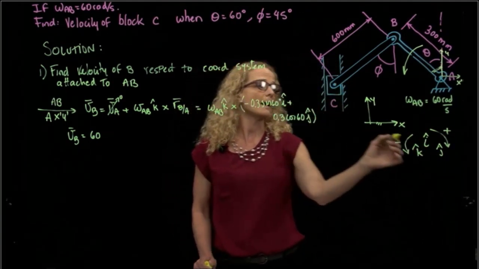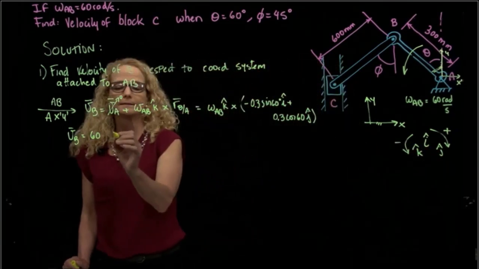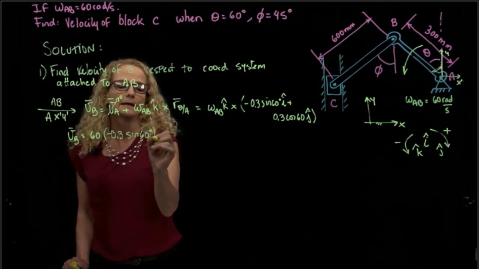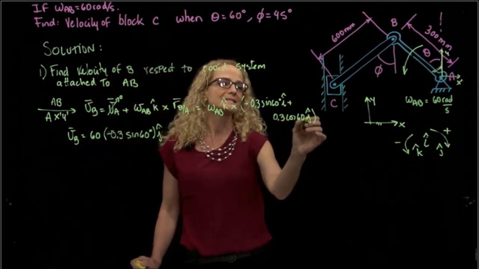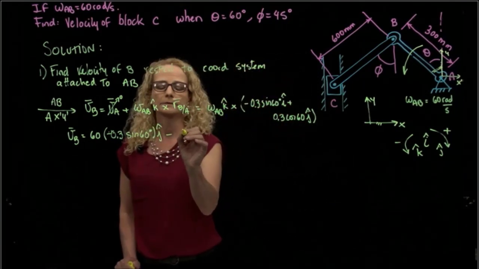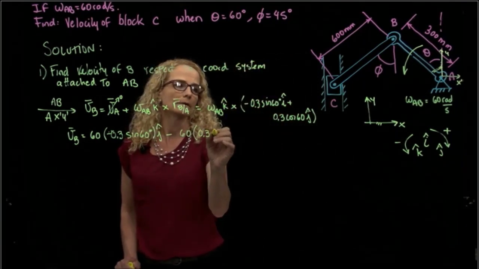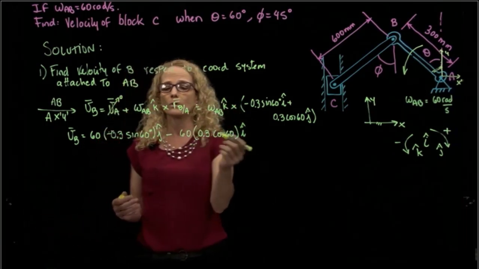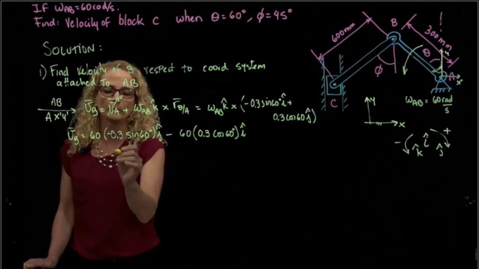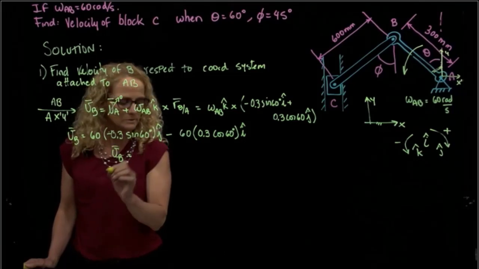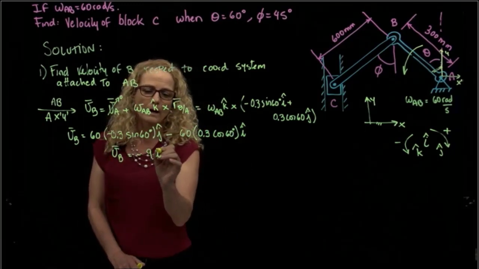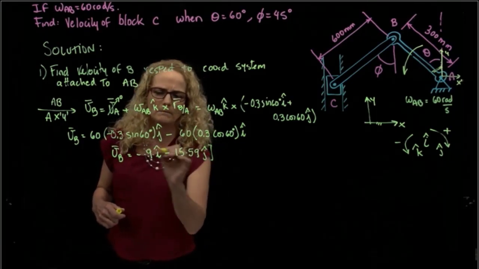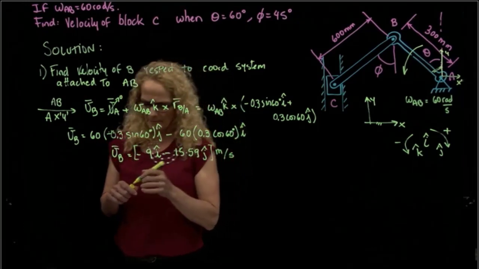So K times I is J. So we have 60 times negative 0.3 sine of 60 in J, and then K times J is negative I, minus 60 times 0.3 cosine of 60 in I. If we calculate those, we know the cosine and the sine of 60, and we multiply, we get the velocity of B. The velocity of B will be negative 9 I, negative 15.59 J, in meters per second. So that's my velocity of B.